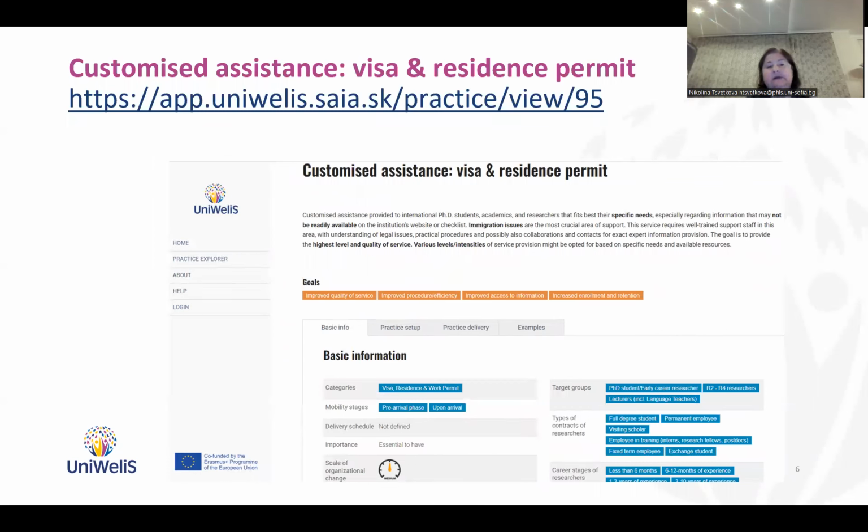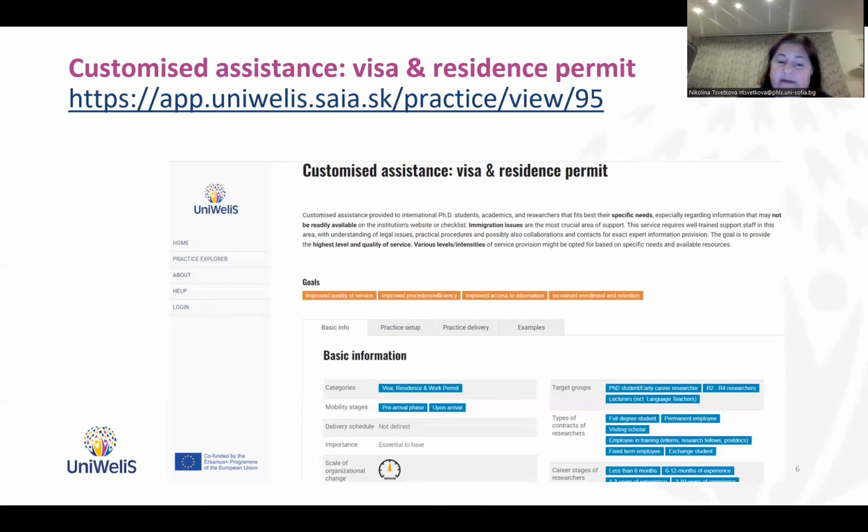Next, let us look at another practice, customized assistance, visa and residence permit. Customized assistance provided to international PhD students, academics, and researchers should best fit their specific needs, especially regarding information that may not be available on the institution's website or checklist. Immigration issues are often the most crucial area of support.